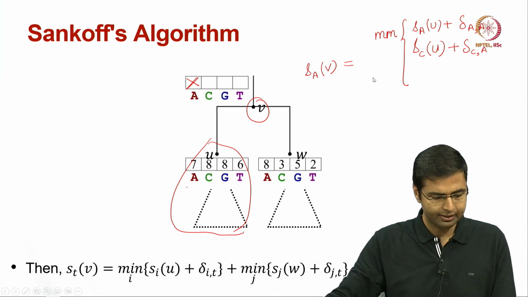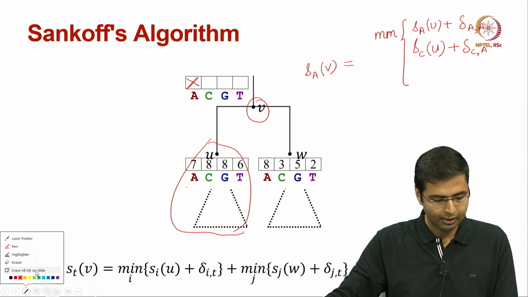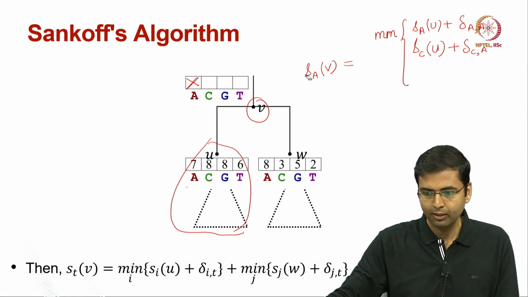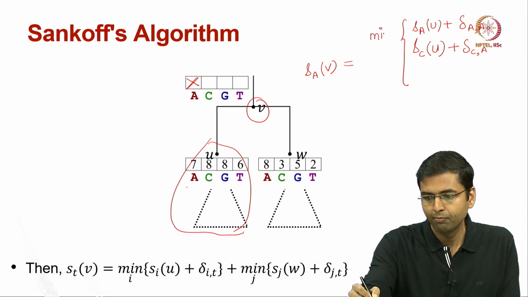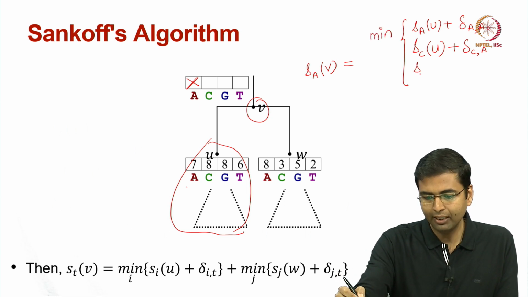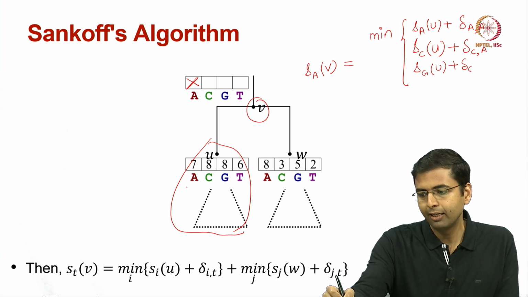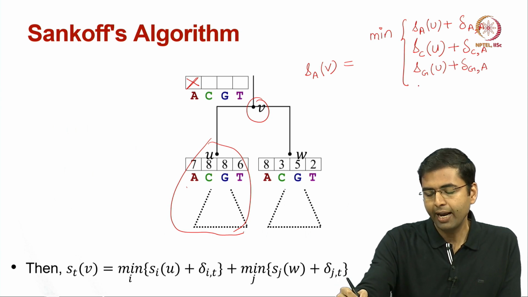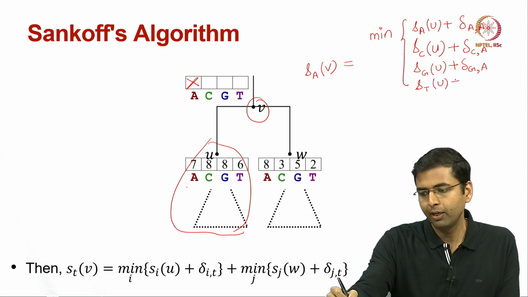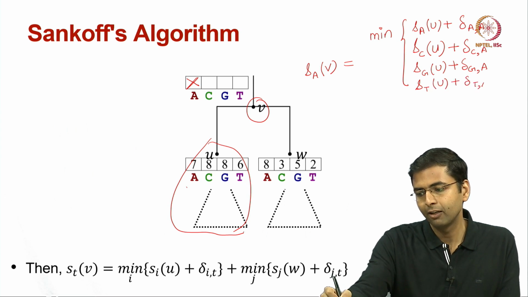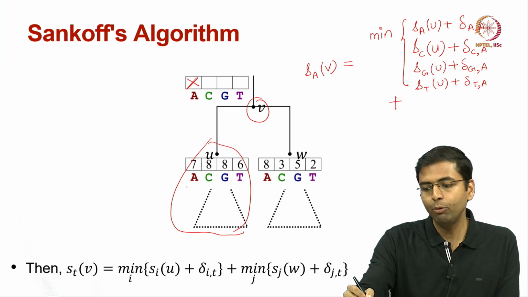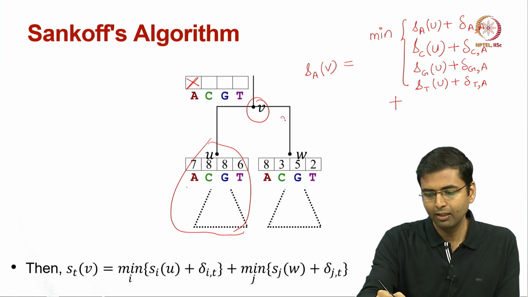So, let me rewrite this. Again we can consider state G here, delta GA, and the last possibility is T at u plus delta TA, and similarly the contribution from the right hand side.